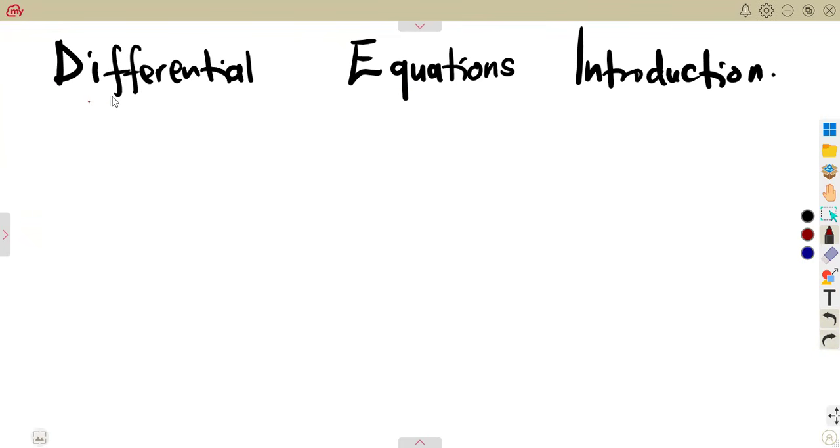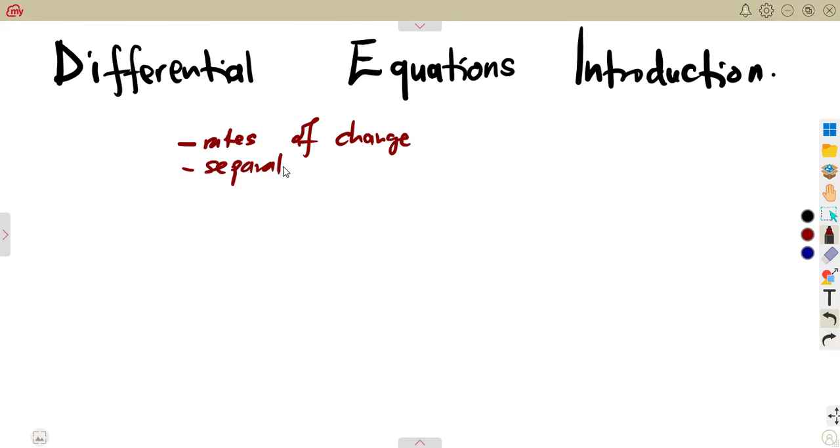As you're working with differential equations, you're going to need to understand the rates of change. There's a part of the rates of change that you need to work on. Also, the separation of variables, how to separate the variables.